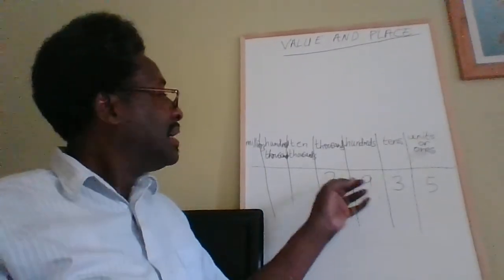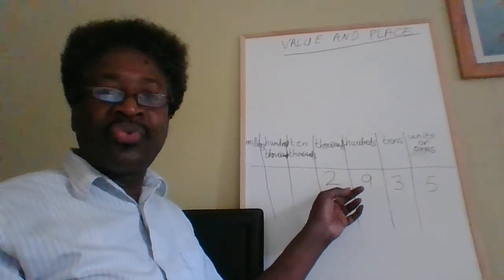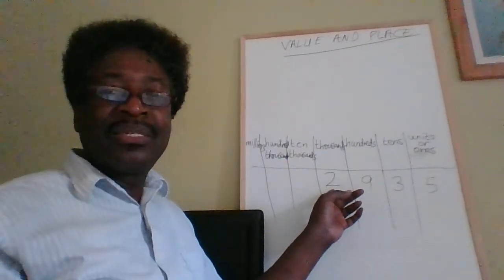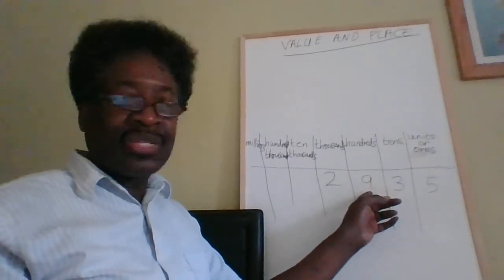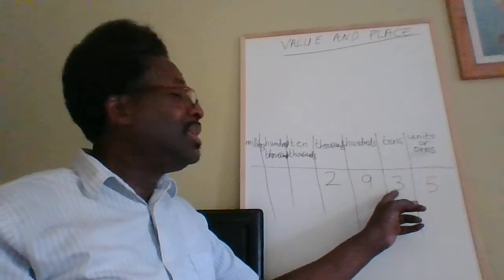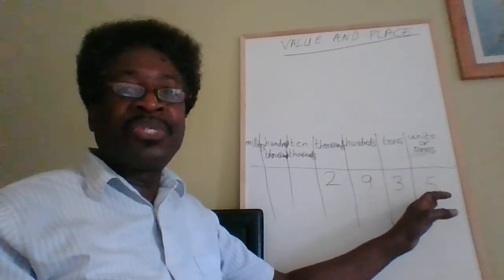2,935 whatever. The 2 over here, the figure of 2 here, the digit of 2 here does not represent 2 cars. It does not represent 2 eyeglasses. It represents 2,000 eyeglasses. The 9, as we said before, represents 900 whatever. The 3 represents 30 whatever. The 5 actually represents 5.